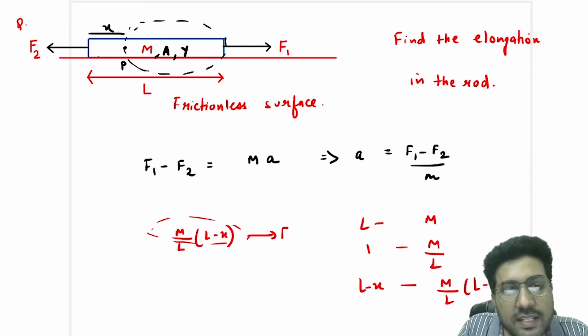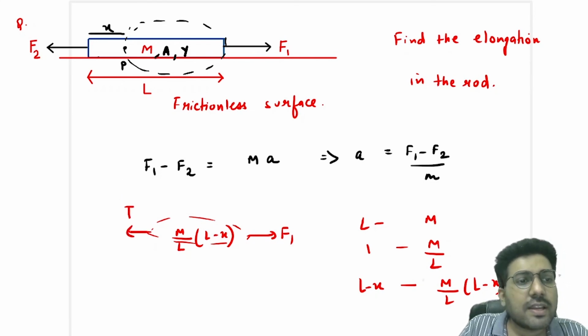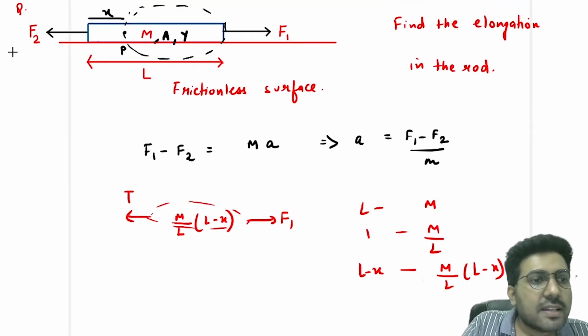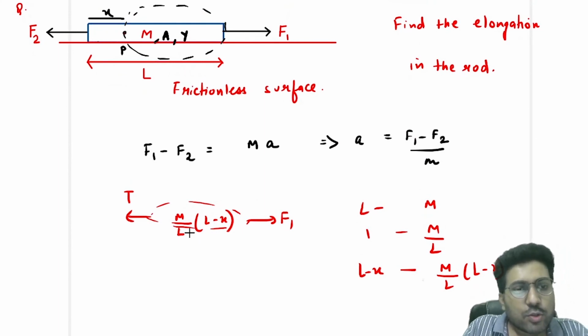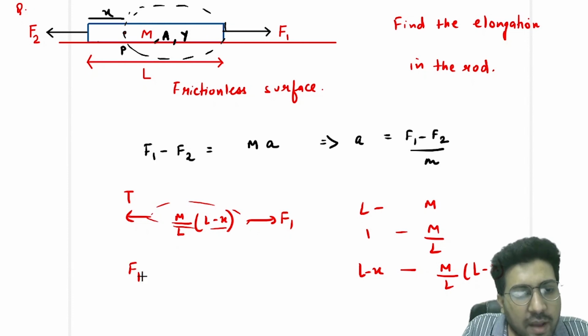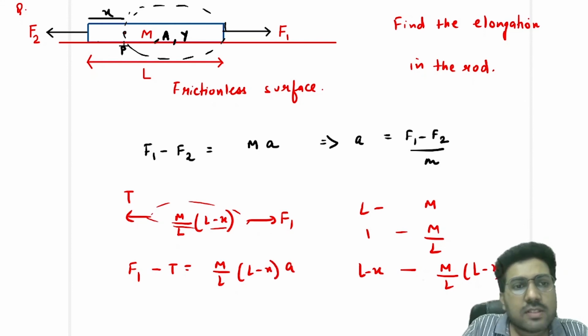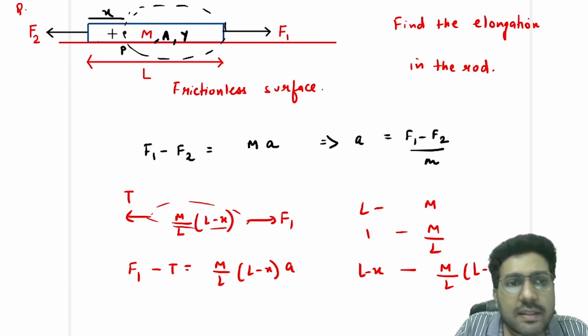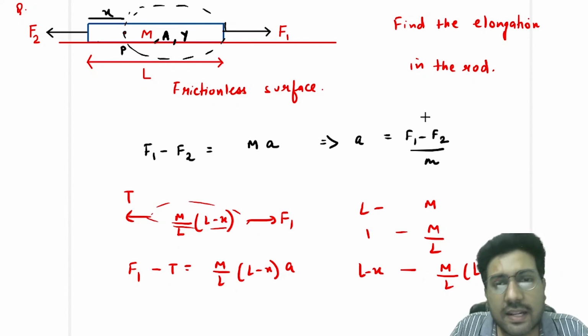Here the force acting is F1 and here the tension is T. Tension is a pulling force and this part is getting pulled by this. So here F1 minus T will be equal to m by L into L minus x into a, because every part of this rod is moving with the same acceleration a, and a is this.